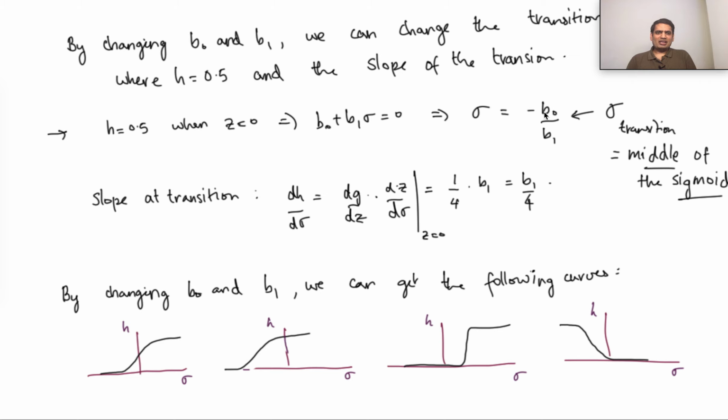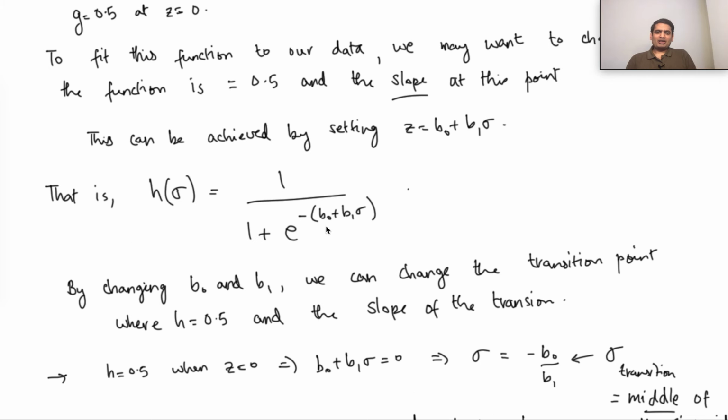By changing b naught and b1, you can have something gradual centered around sigma equals 0, something gradual centered about a negative or positive sigma, something steeper, something with a negative slope. So you can have any of these sigmoids that go from 0 to 1 or 1 to 0, centered anywhere and with arbitrary slopes. That's what this simple expression gives you.